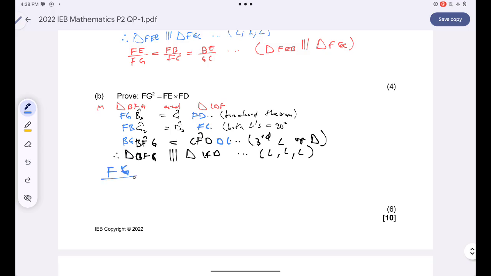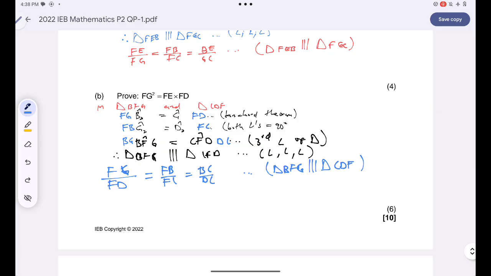FG over FD is equal to FB over FC, which is equal to BG over DC. This statement is true because triangle BFG is similar to triangle CDF. Are you together?